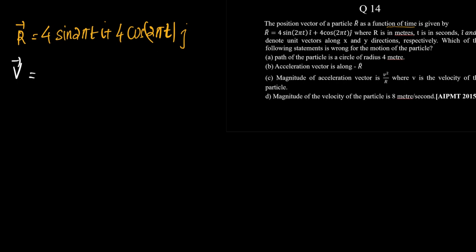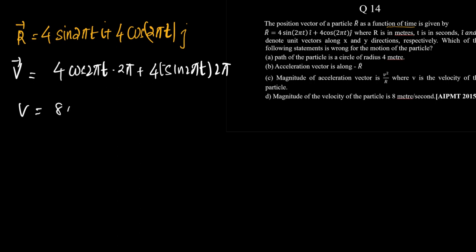We have the velocity vector is equal to 4 cos 2 pi t into 2 pi plus 4 into minus sine 2 pi t into 2 pi. So v will be equal to 8 pi cos 2 pi t minus 8 pi sine 2 pi t.